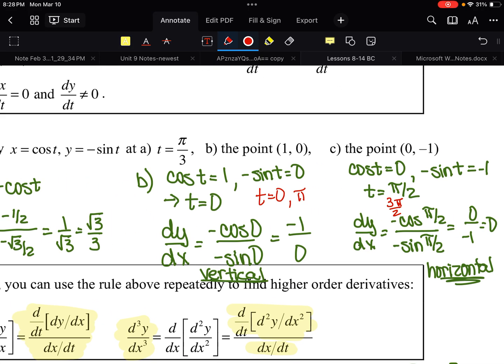That would be sine of t equals 1, which is at pi over 2. So what is the value of t that gives me 0 for x and also negative 1 for y? That's when t is pi over 2. So plug in pi over 2, you get 0. So at the point (0, -1), this function is horizontal, because a slope of 0 is a horizontal line.